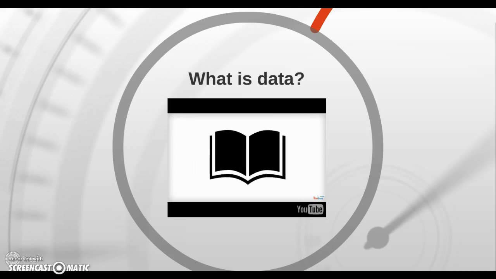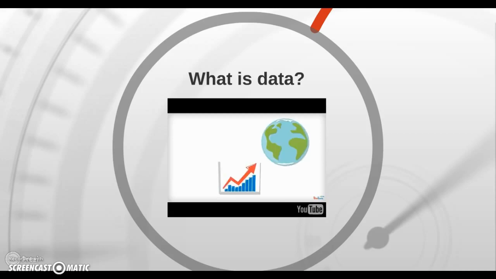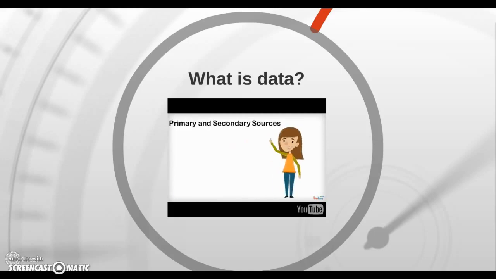When telling a story, we may not always have a question in mind, but there might be a story hidden within the data. When telling the story of climate change with data, we might use global temperature patterns, weather cycles, and greenhouse gas data. How do we collect data? We collect data from primary and secondary sources.